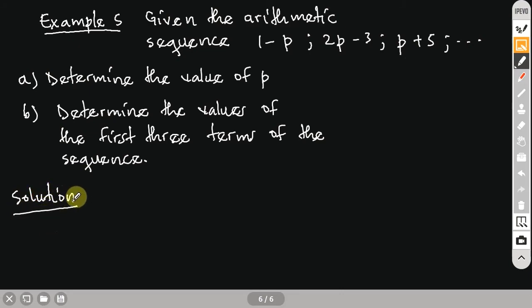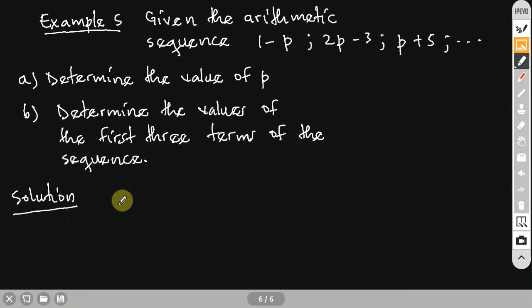What is p? So remember, we can find the difference here. We can use the formula of finding the common difference to find the value of p. Remember that T2 minus T1, so the next term minus the previous term, is equal to the constant or the common difference, and T3 minus T2 is equal to the common difference.